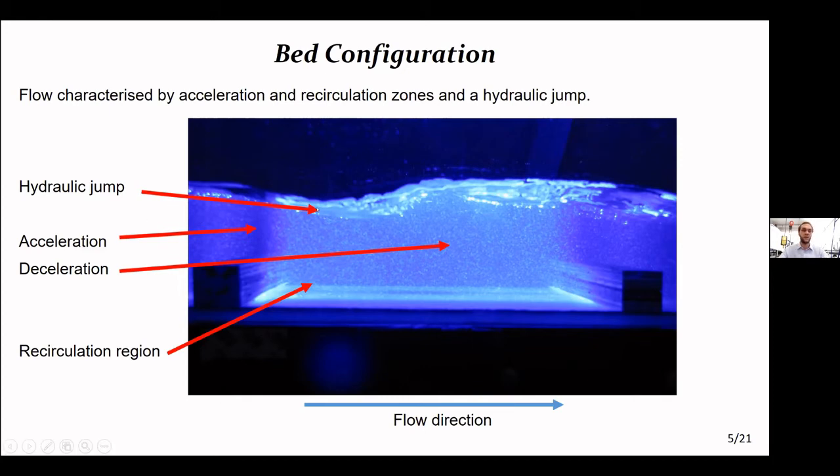The hydraulic jump occurred just downstream of a bar, and after the hydraulic jump, there were subcritical conditions just before another bar, and so change to supercritical conditions again. Another important characteristic of this flow is the presence of important recirculation regions downstream of the bars.